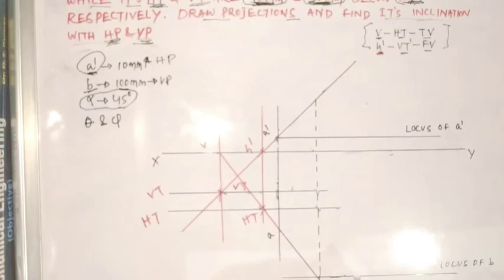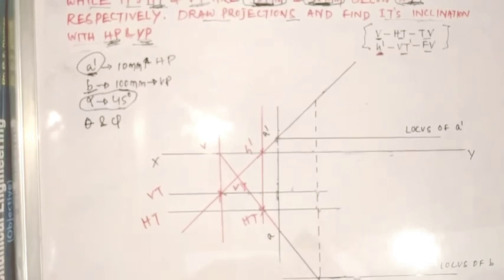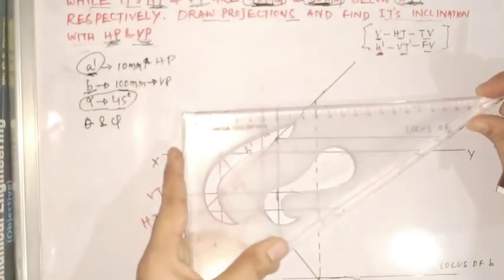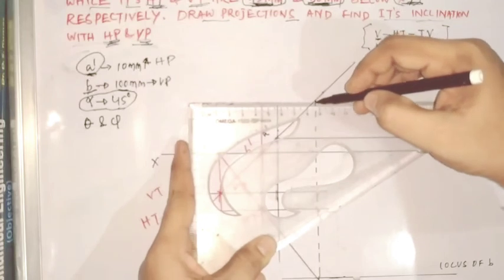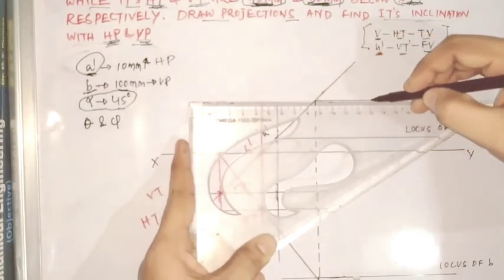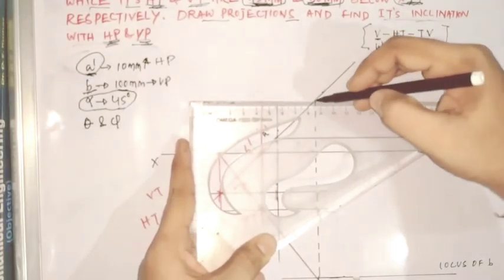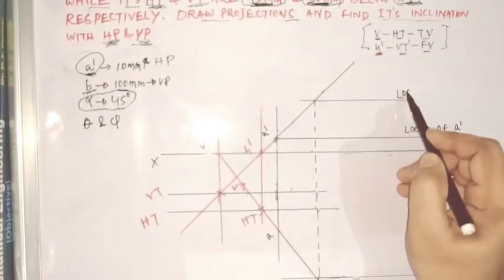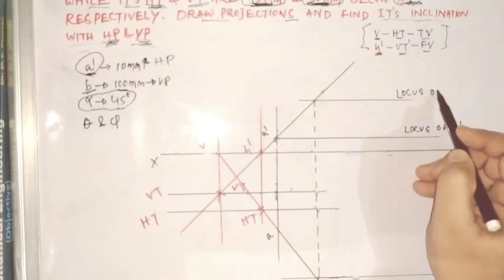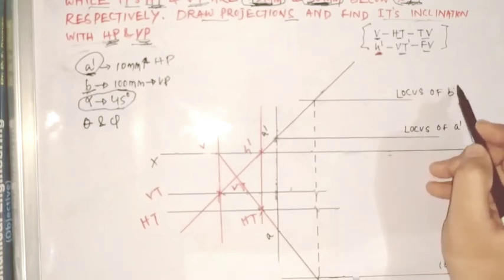Now I need to find out the true length of the line. For that reason we need to get the locus of B dash. So I need to draw a horizontal line over here. This will give me the locus of B dash.